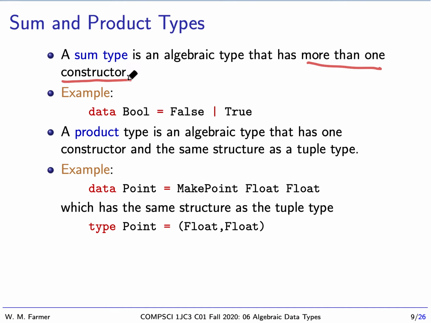And here's a very simple example of an algebraic type called Bool. Bool has two constructors, False and True. And notice that these constructors do not take any arguments. There's no other types mentioned here. And so False stands for a value, True stands for a value.